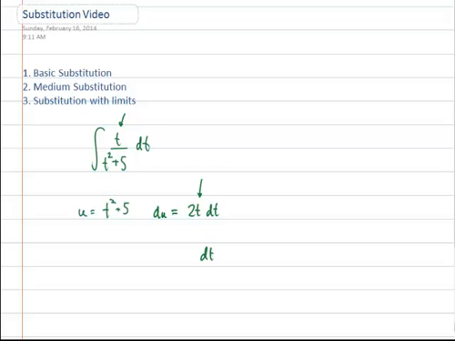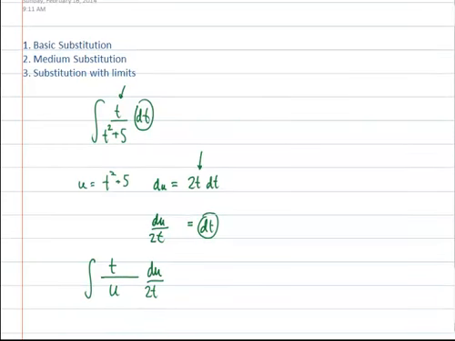We then go on and solve for dt, and then we use this as our value to plug back in for dt when we convert our integral completely over to a u integral. So I'll leave the t in from the beginning, replace the t squared plus 5 with a u, and my dt will now be replaced with du over 2t.